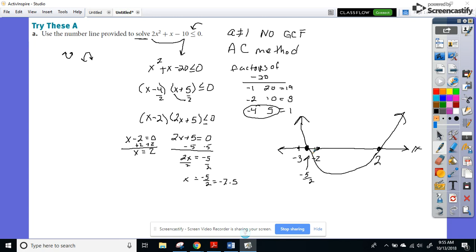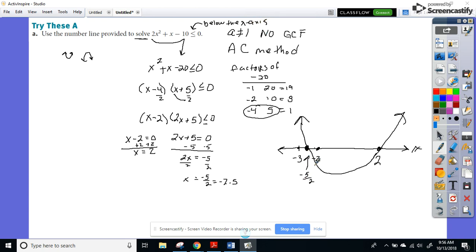With this picture right here, you can now answer this question, because this is asking us, where is the parabola less than or equal to 0? The x-axis is where our y values are 0. So another way to think of this is they're asking us, where is this parabola below, because it says less than, below the x-axis?